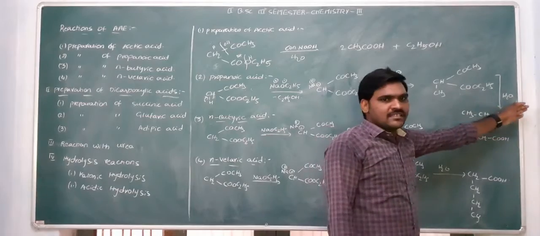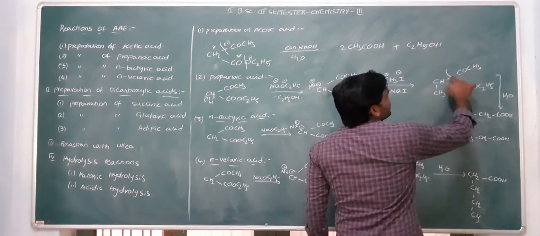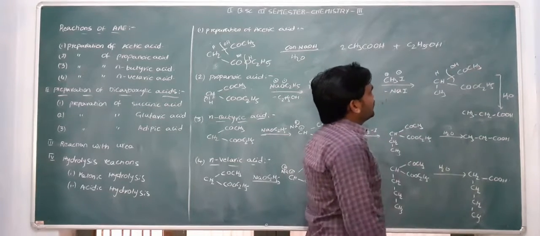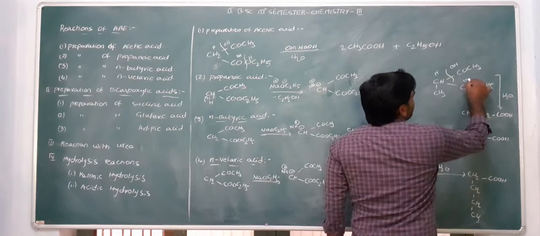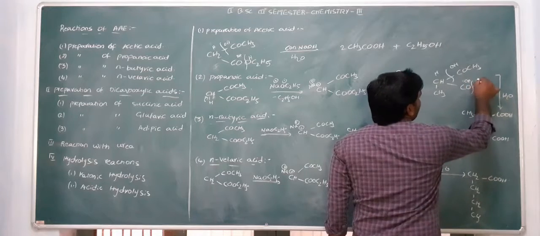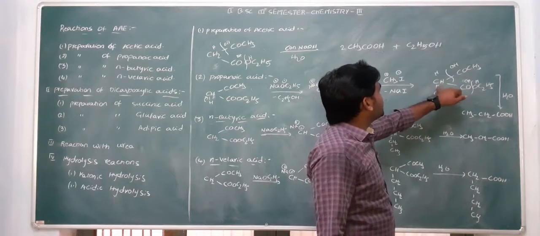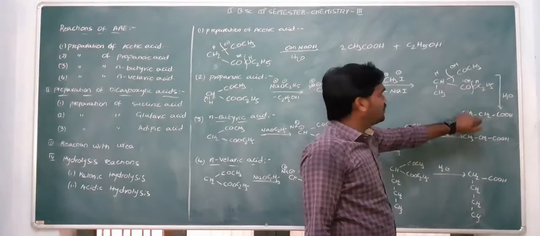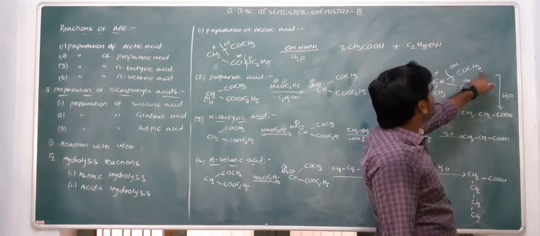When it is hydrolyzed, this bond breaks and OH is added, giving COOH and C2H5OH. Totally CH3CH2COOH.